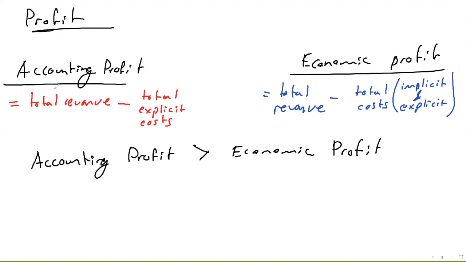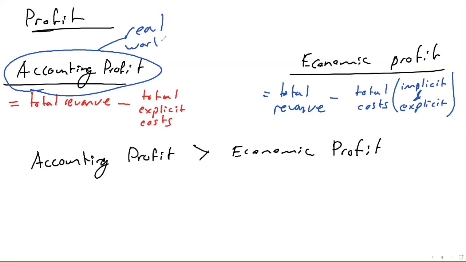So accounting profit is going to be what you think about in the real world. As in, if you read a financial report from a publicly traded company, they're going to be reporting accounting profit, not economic profit. When Amazon reports its quarterly profits, they're not reporting the opportunity cost of Jeff Bezos' time.